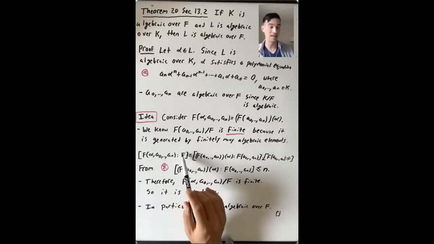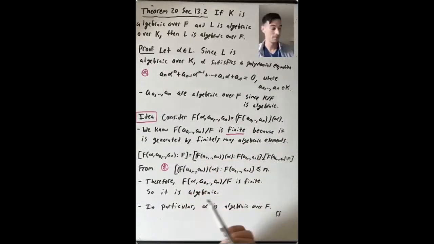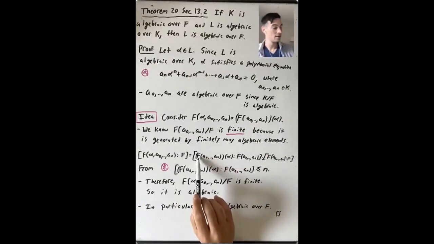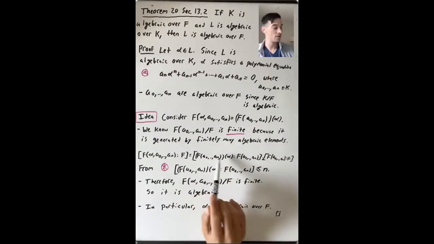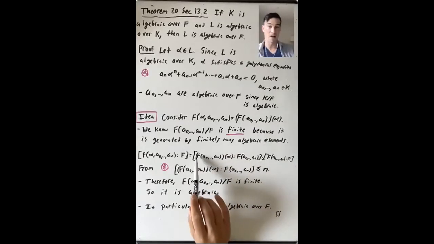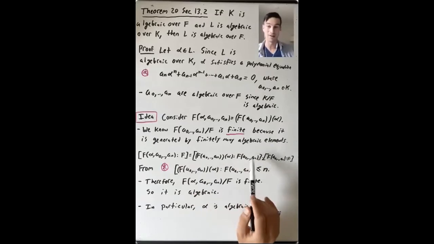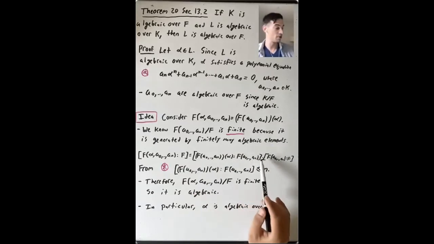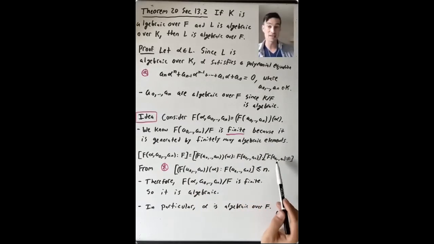Let's see what we can say about its degree over F. Well, this is the degree of the field generated by alpha over F adjoin a0 up through an, over F adjoin a0 up through an, times the degree of this finite extension, the field generated by a0 up through an over F.